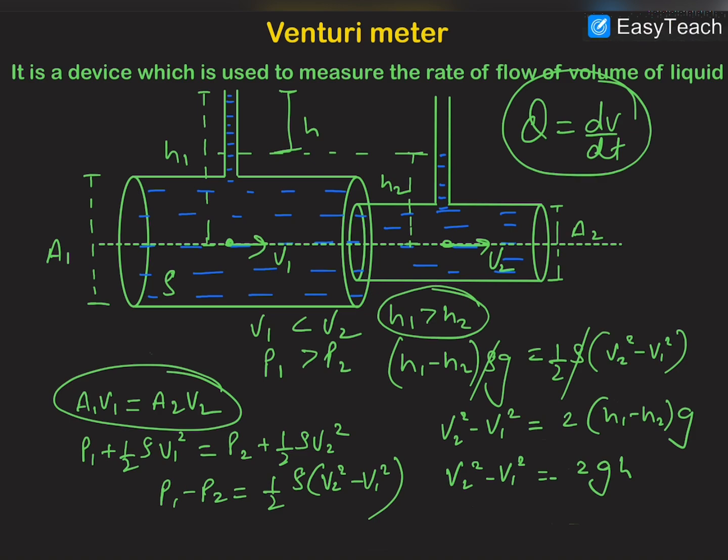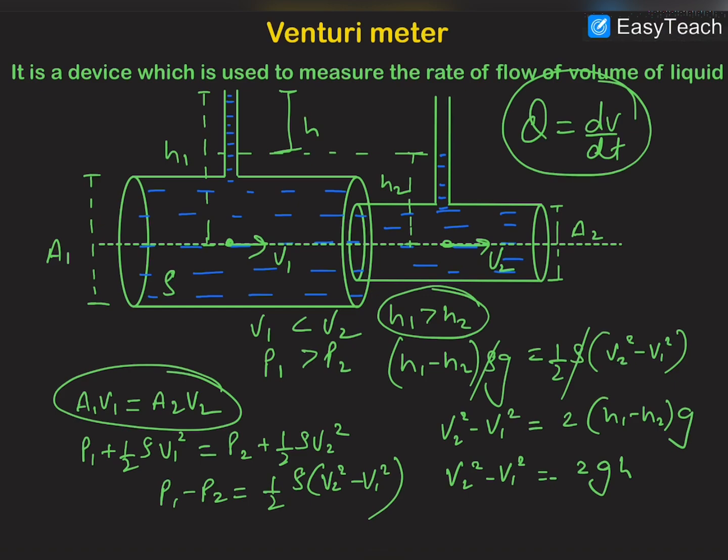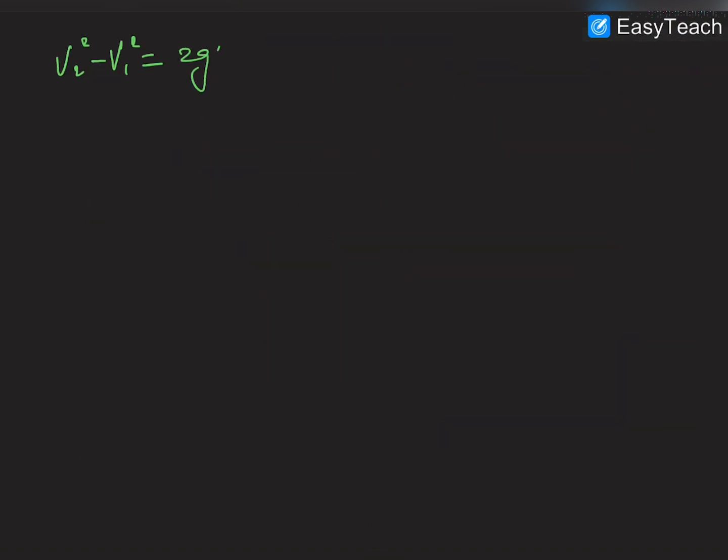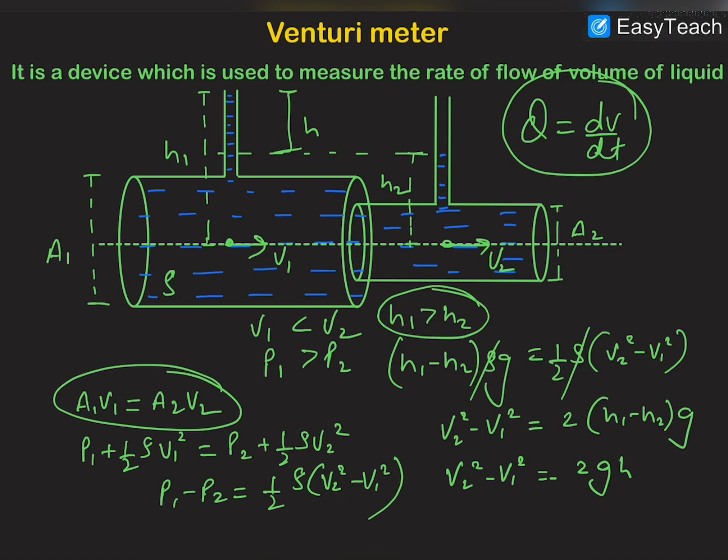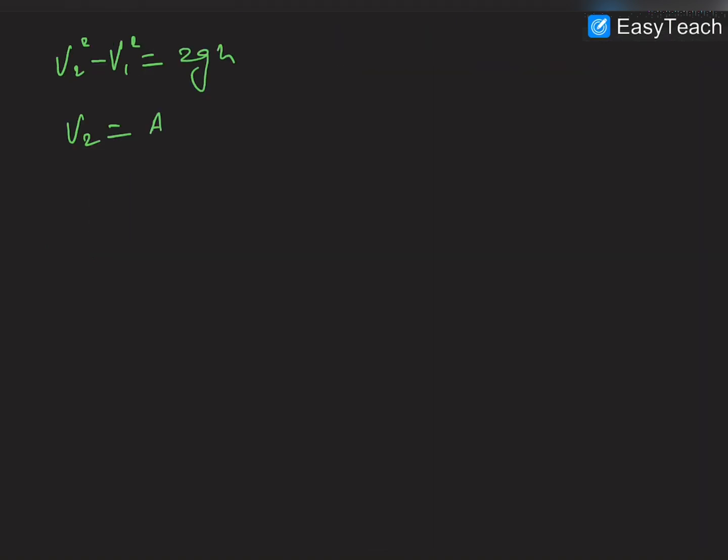So let us use a new page. V2 square minus V1 square is equal to 2gH, and the value of V2 from the continuity equation will be A1 V1 upon A2. So V1 square will be common, and we have A1 square upon A2 square minus 1, and this is 2gH.